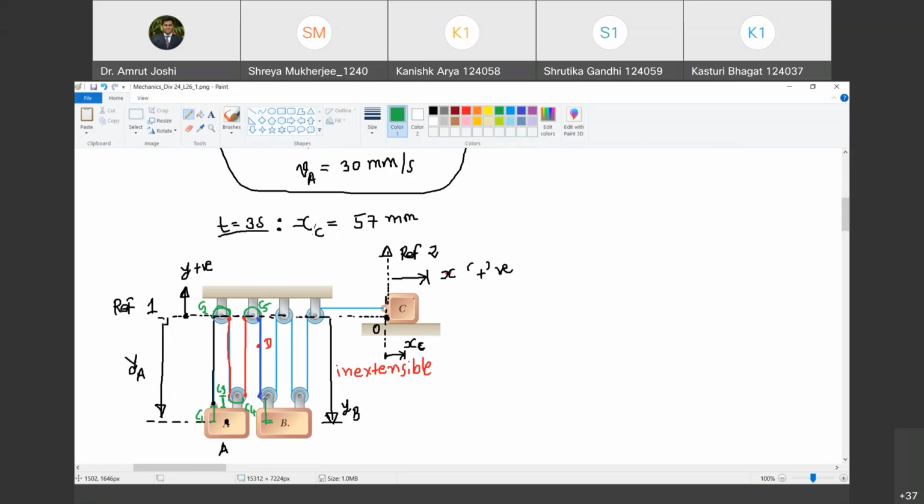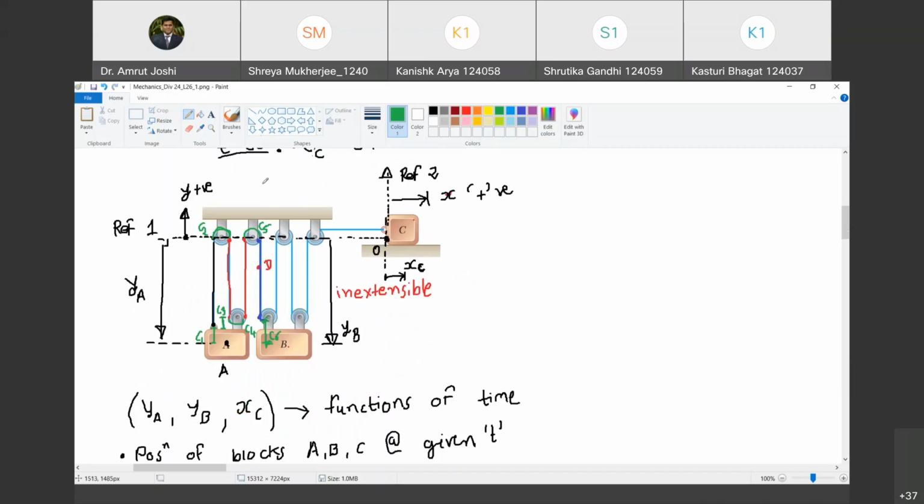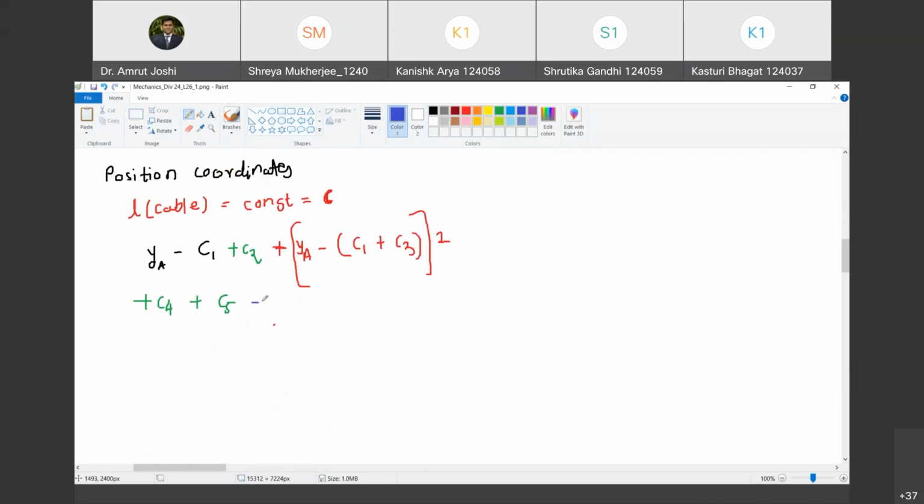Do you agree with me? Yes, sir. And how much is that? Tell me. So YB minus the distance, sir. C6. So can I call it C6? Yes, sir. This distance is constant, so I will call it C6. So what is it? YB minus C6.